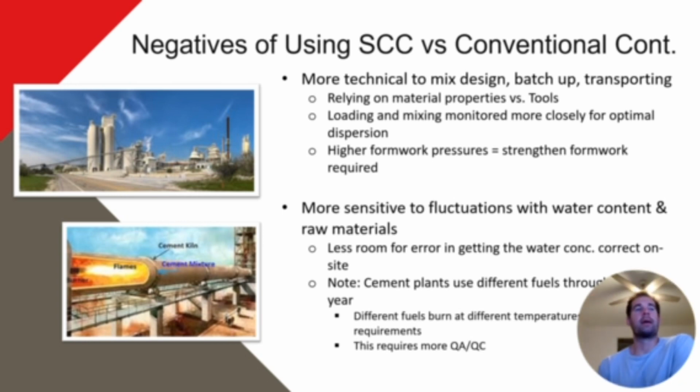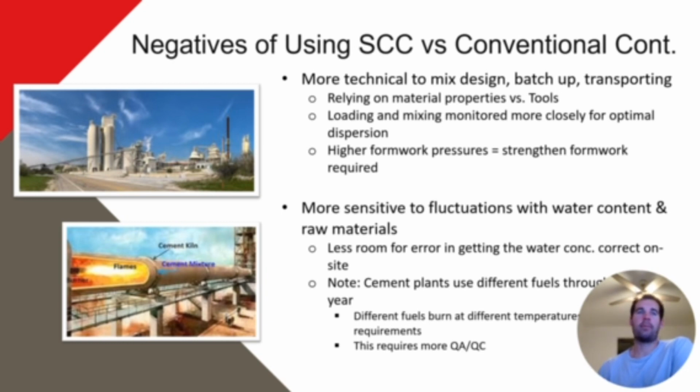And that flame, depending on the time of year, is actually powered by different fuel sources. And depending on the fuel source, that flame could be hotter or less hot. And also the air inside that kiln could be different too. And all that affects the cement properties.